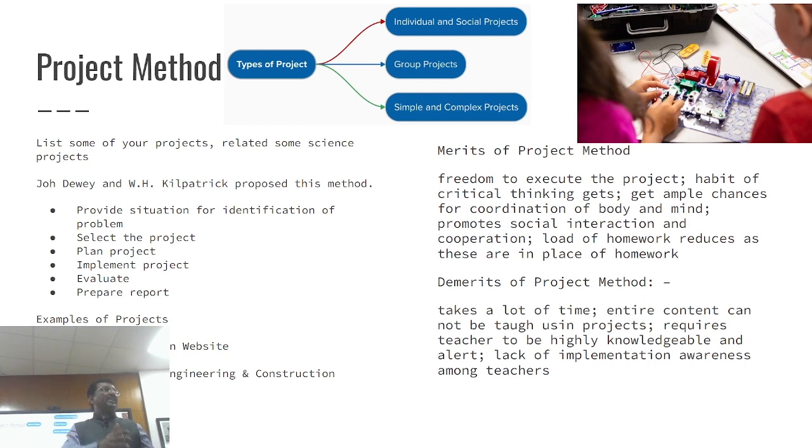When you give a project, the child goes and does the activity. It promotes social interaction, because you give projects in groups. Somebody may be good at writing, somebody at thinking, somebody at talking to people, or at writing the report. They can put together and give good coordination. So the load of homework can be reduced.